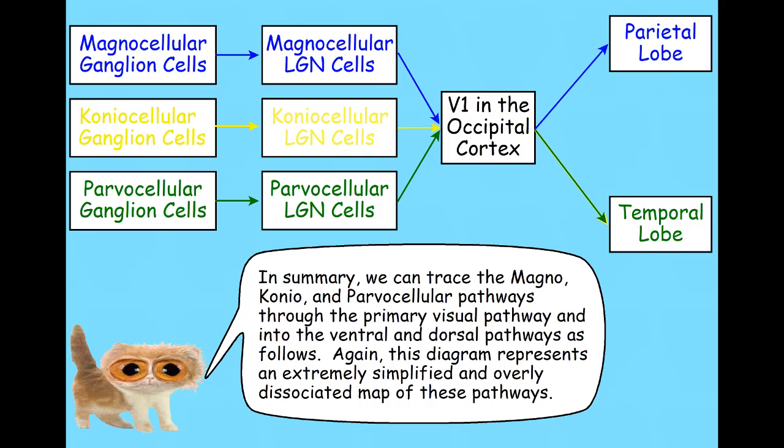Now, there's also feedback from the parietal lobe to V1 and from the temporal lobe to V1. So information isn't just going in one direction. There's feedback as well. And they're not completely dissociated. There's some communication between these individual pathways at various points in this processing stream.